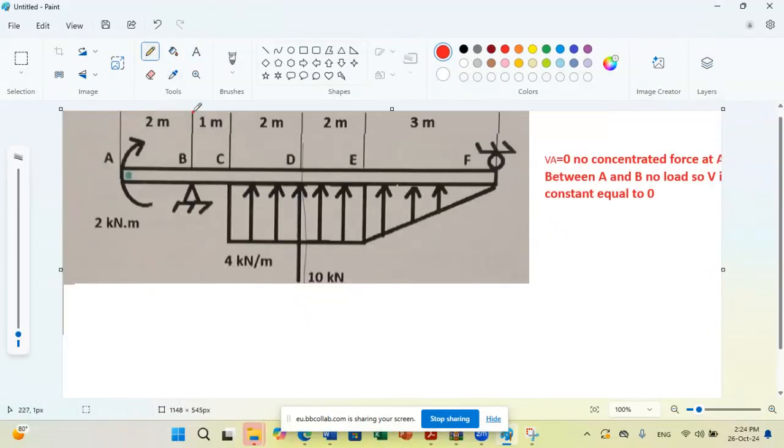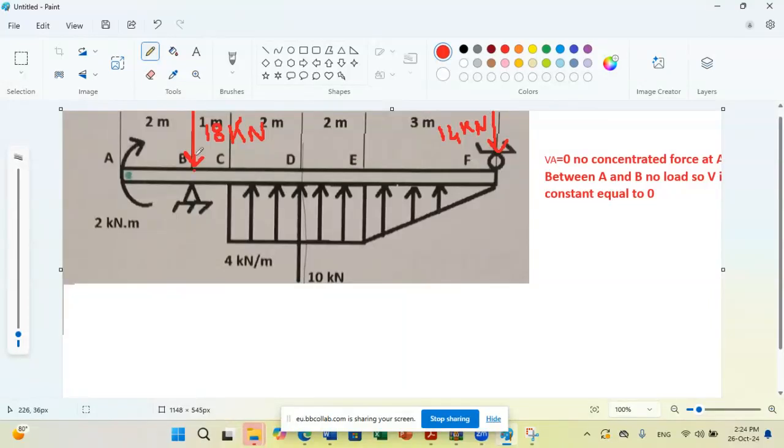Because at B, now we can put the actual direction. We have 18 kilonewton downward at B. And we have at F a force downward of 14 kilonewton. So at B we have a jump.